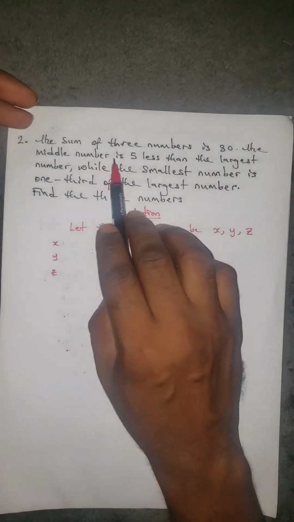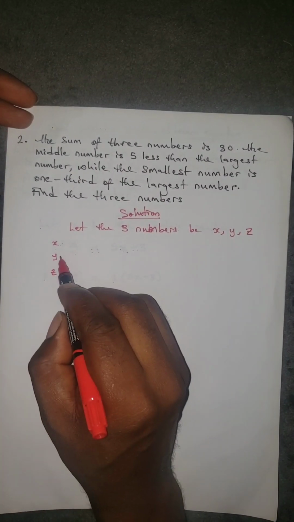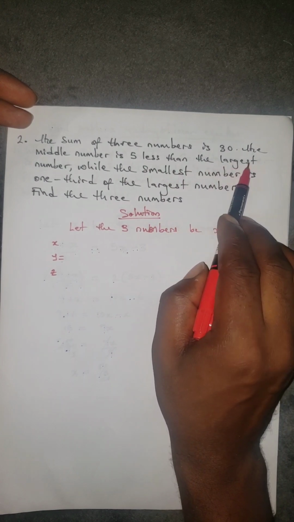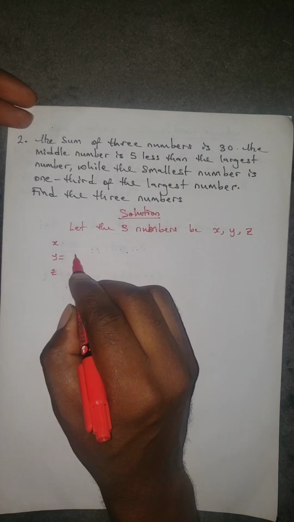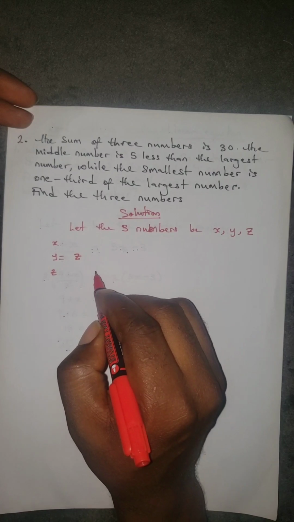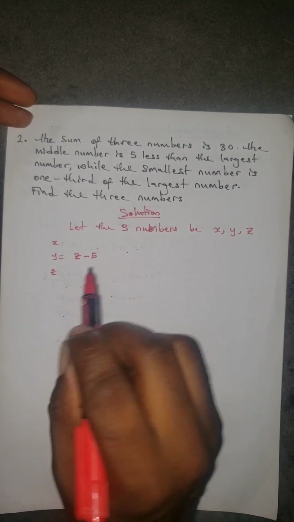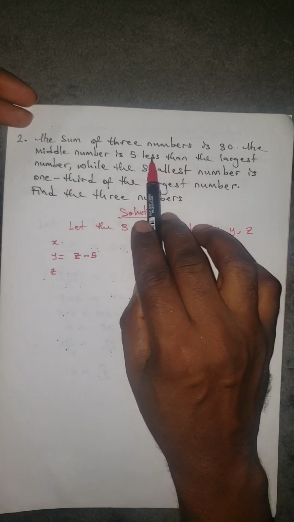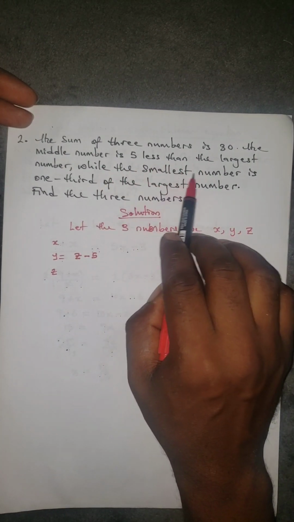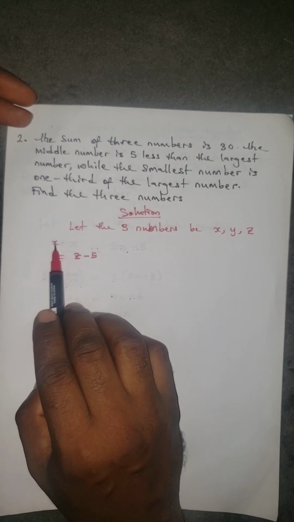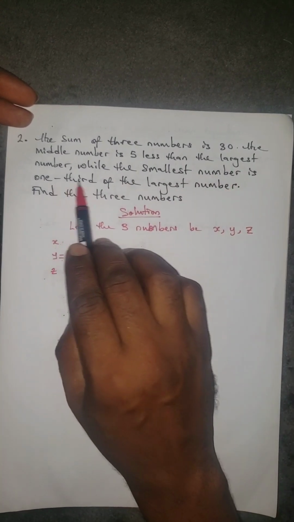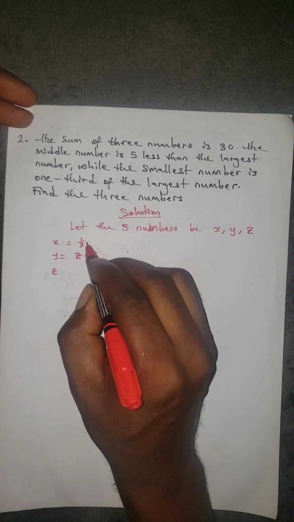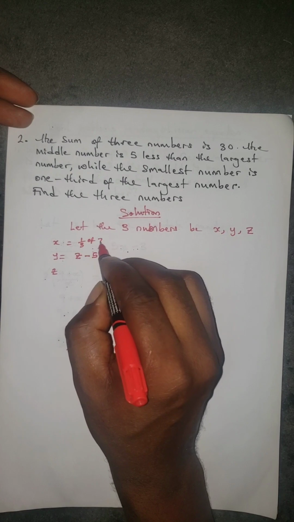Now, the middle number, that's this one, is 5 less than the largest number, which is this. If I have the largest number, which is my z, minus 5, I will get my middle number. Okay, and the smallest number, which is x, is 1/3 of the largest number. 1/3 of the largest number means 1 over 3 of z.